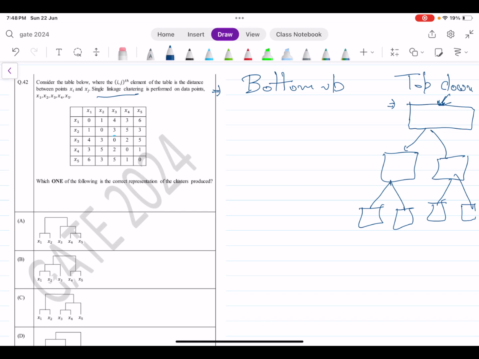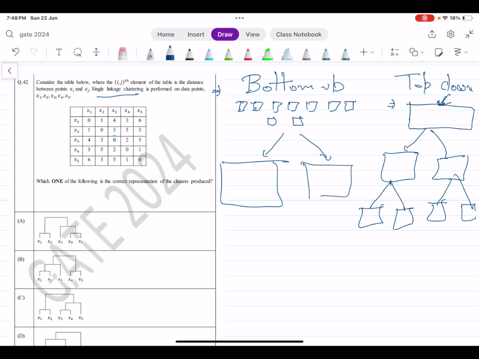What happens in bottom up techniques? In bottom up, we have individual data points, and then we try to chunk them. Let's say we created different clusters.